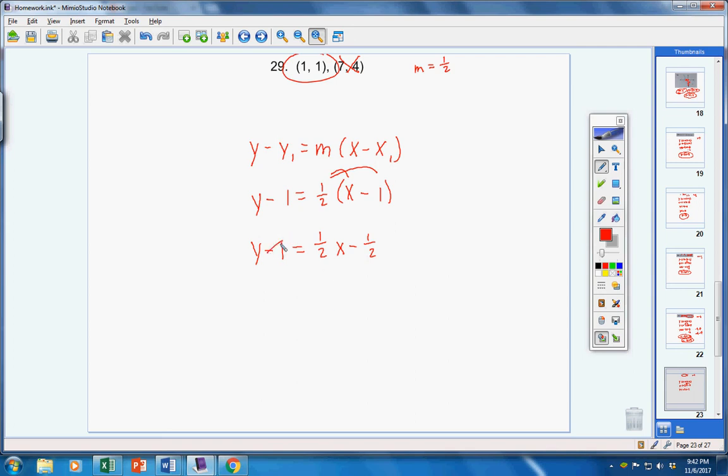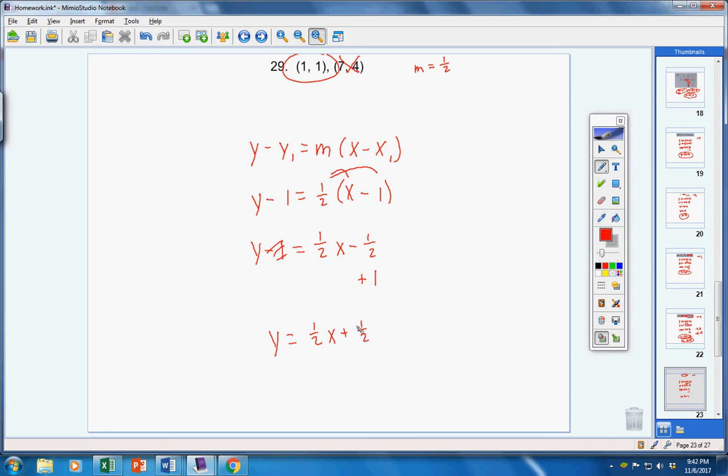Bring your negative 1 over, make it a positive 1, y equals 1/2 x positive 1/2, because you have a whole 1 and you take away half of it and you're left with a positive 1/2.